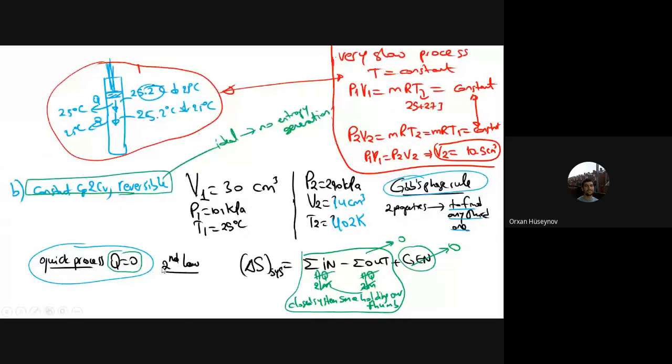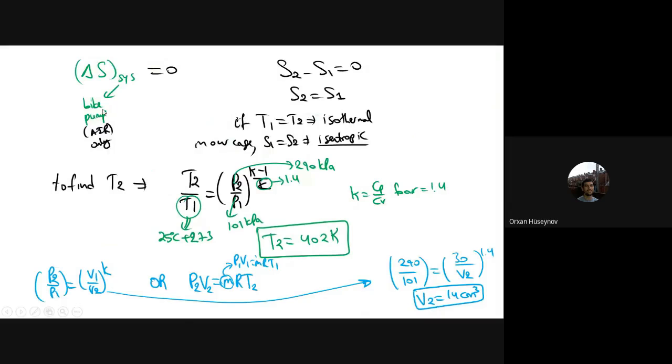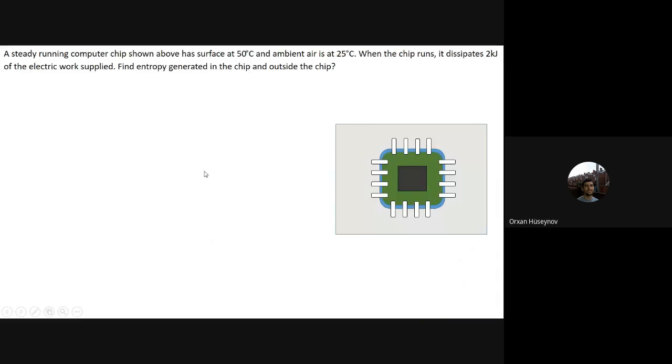If it is a very quick process, Q is 0, an adiabatic process. If I apply the second law of thermodynamics, I will have this relationship and entropy remains constant. If entropy remains constant, I can look at the formula here and find the final value. I've just used the formula from the first slide.